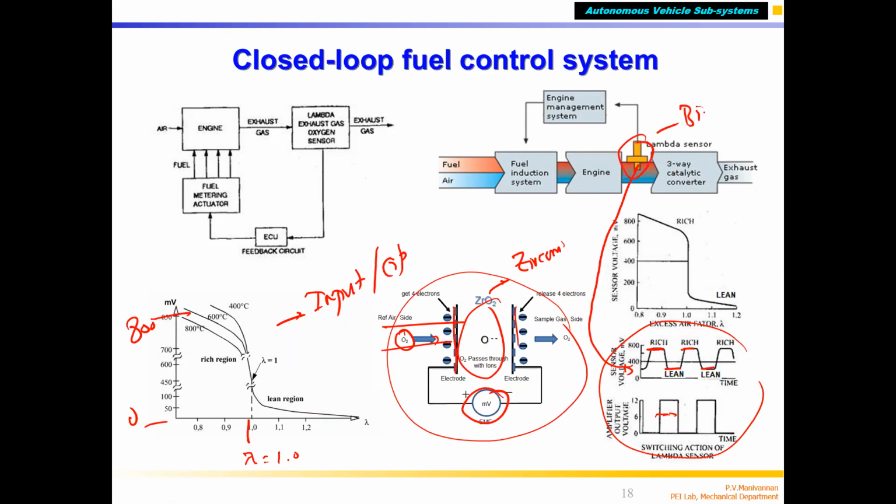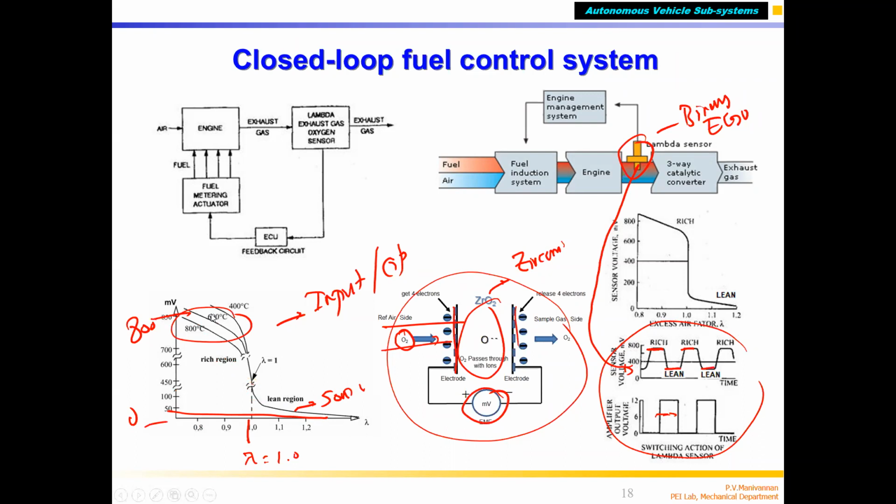It is called a binary EGO sensor. Why? When the air fuel ratio is lean, the output will be around 50 millivolts, close to 0 millivolts. When the air fuel ratio is rich, what will it give? Around 800 millivolts.